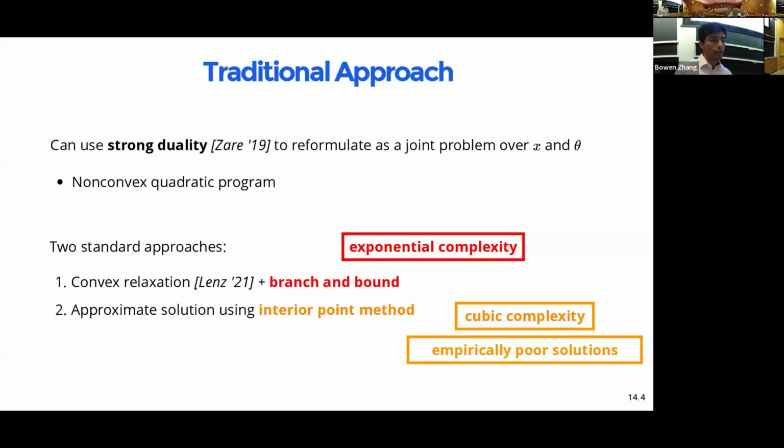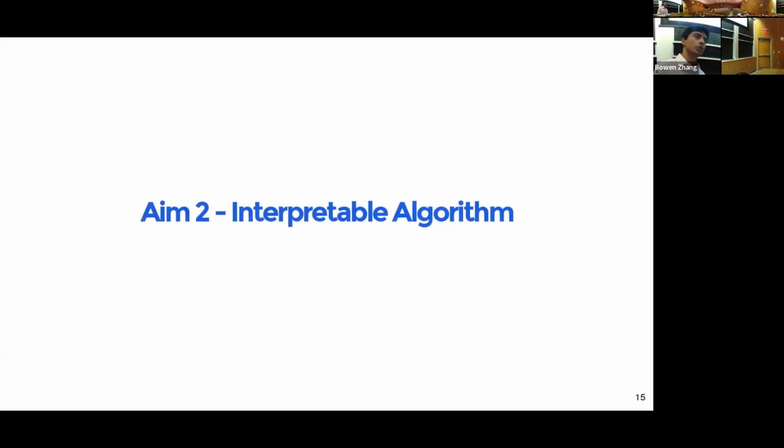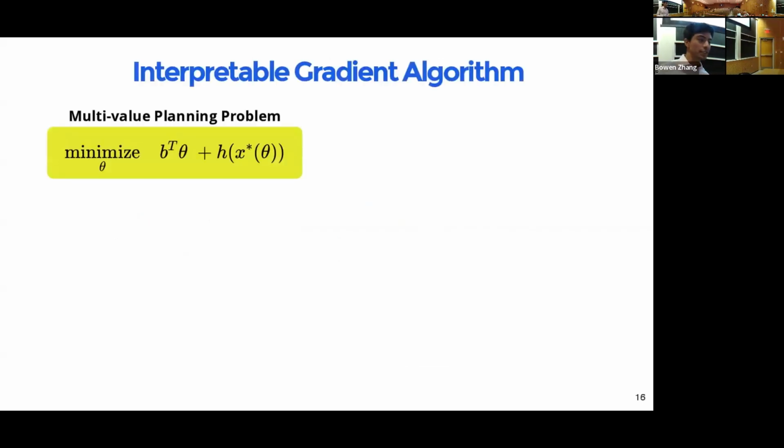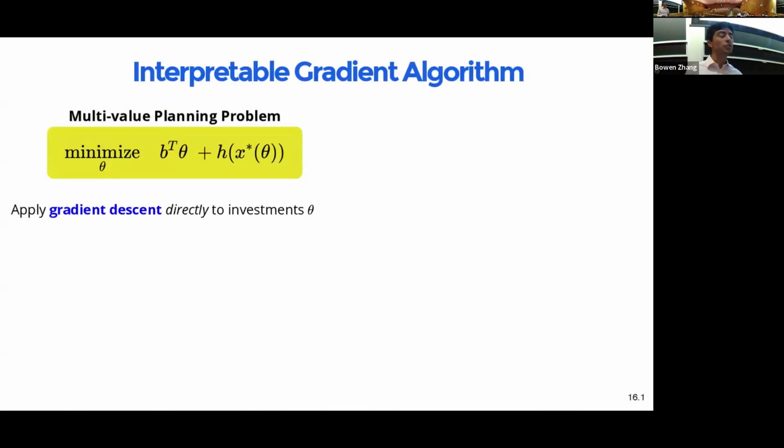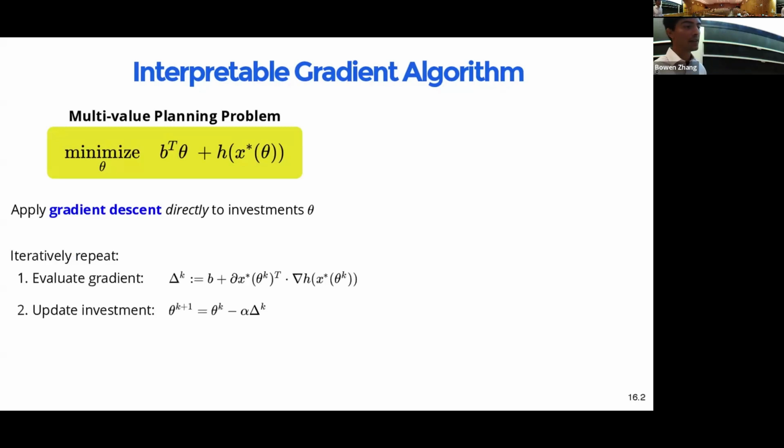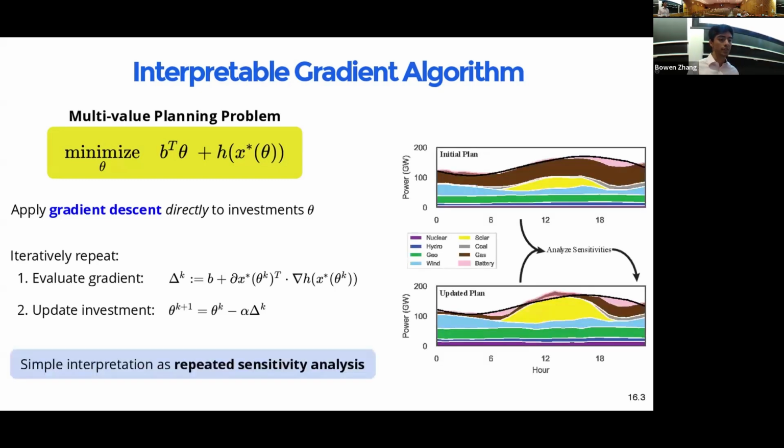Okay, so our approach is going to be to use gradient descent instead. Specifically, we're going to apply gradient descent directly to these investments theta. And what does this algorithm look like? Well, we just alternate between step 1, which is evaluating the operations simulation and computing gradients, and step 2, which is updating the investments.